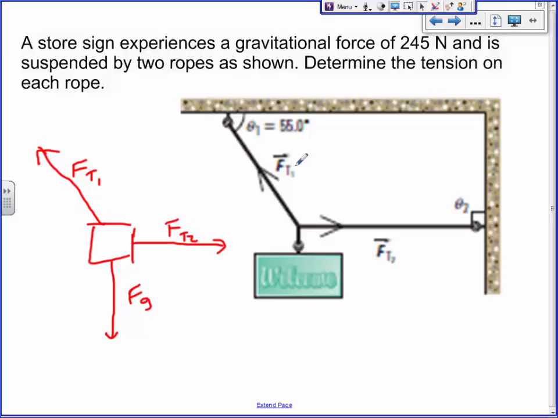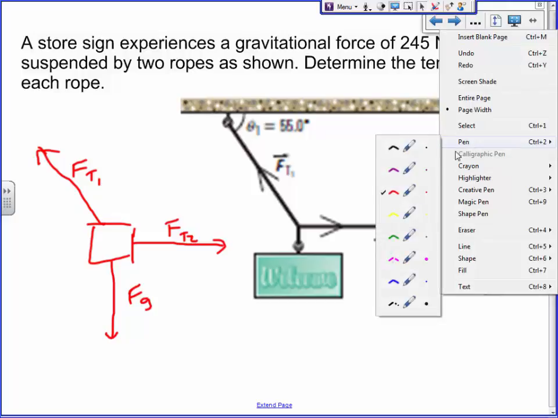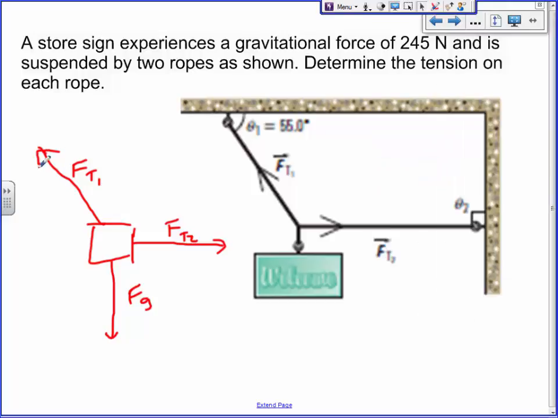This force of tension, though, the one at the angle, I can break up into 2 pieces. There's a certain amount of it that is the force of tension 1 in the x direction, and a certain amount that is the force of tension 1 in the y direction. You can almost break it up into 2 pieces. That makes sense?